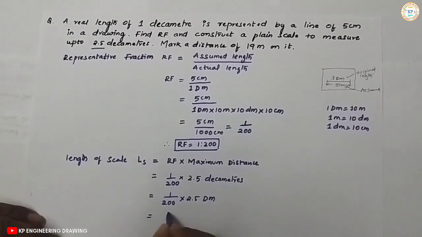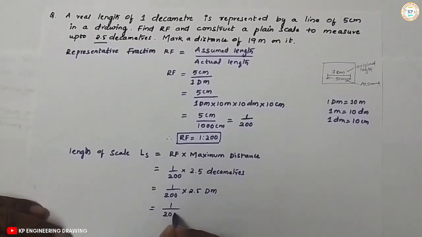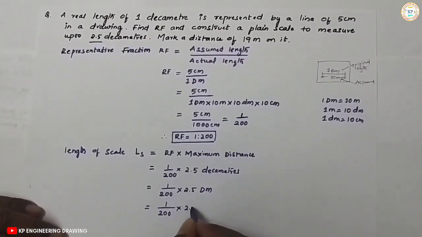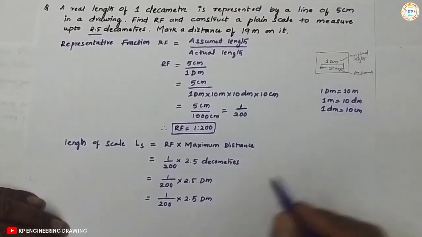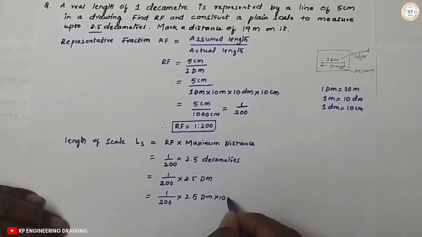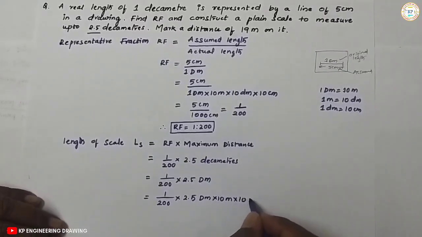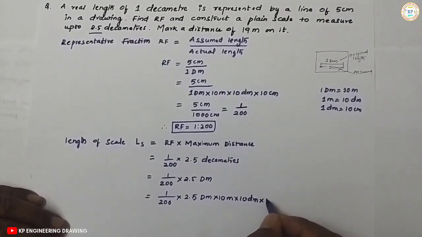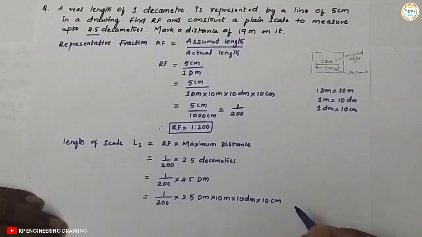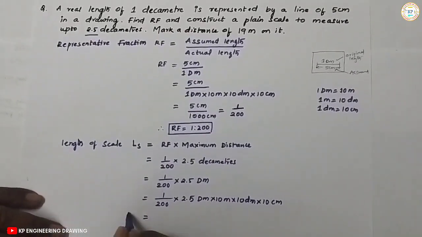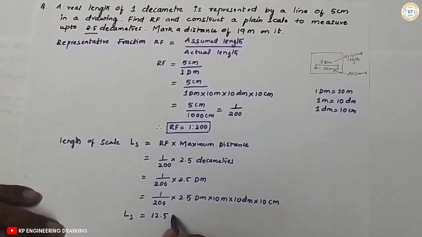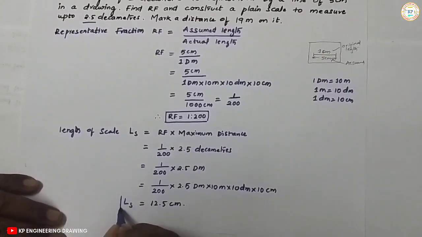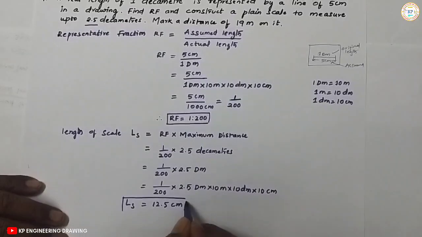So we can convert this 1 by 200 into 2.5 decameters. Already we have seen 1 decameter is equal to 10 meters into 10 decimeters into 10 centimeters. So we get length of scale as 12.5 centimeters.